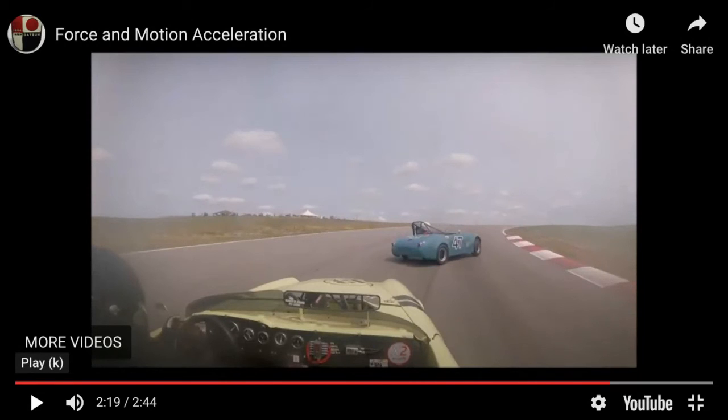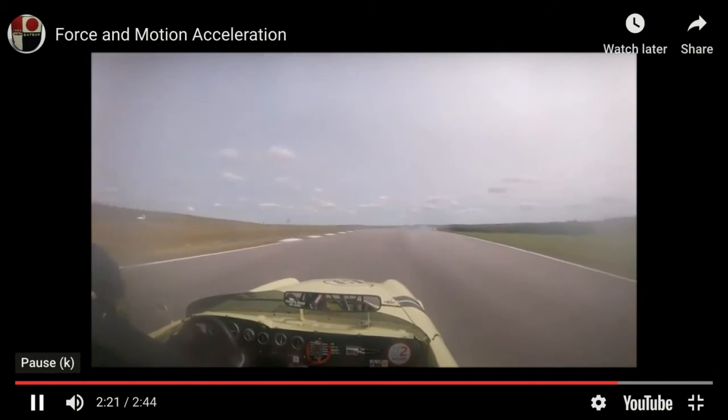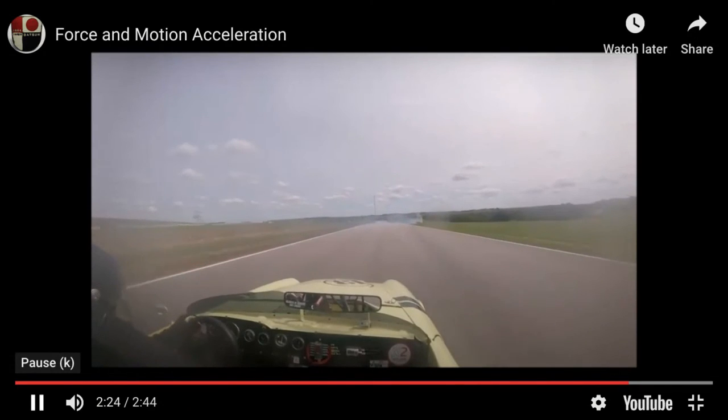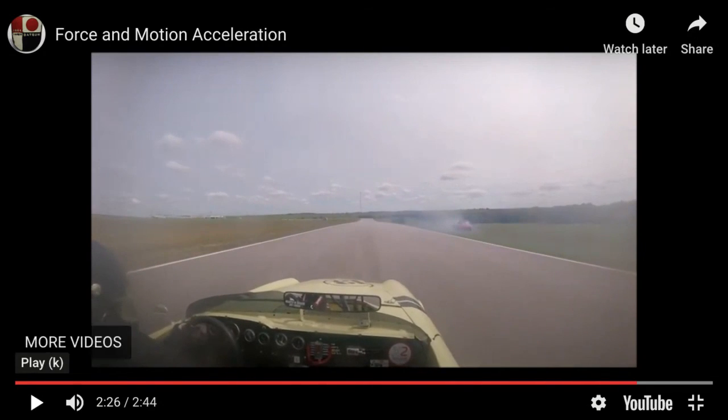So as the car in front spins out due to overdriving his tires, what is true about his motion? What is true about his motion? Now you're going to see that little red car off to the right in the grass off the track. He unfortunately blew up his motor. So he stopped in the grass. Is this an example of acceleration? True or false? Him stopped on the side of the track is an example of acceleration.